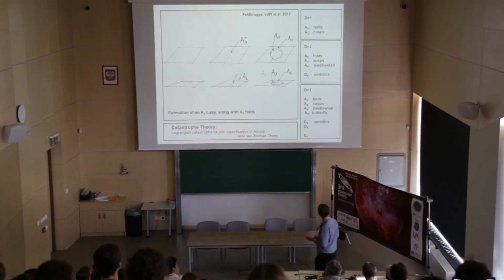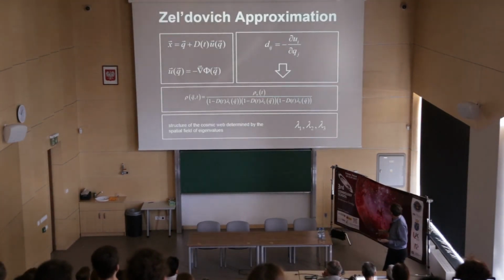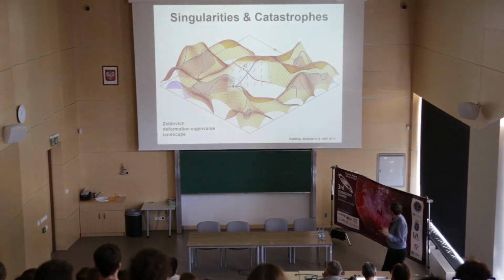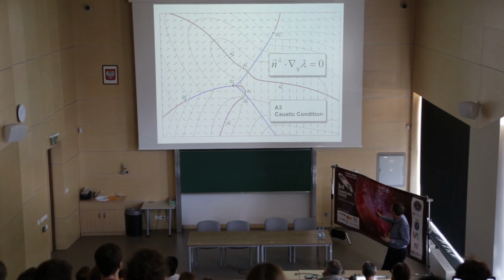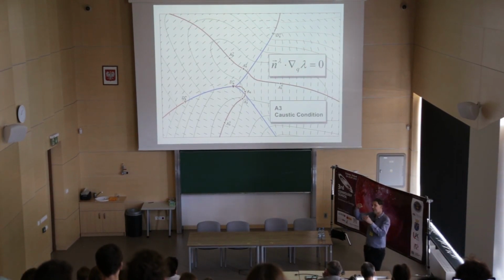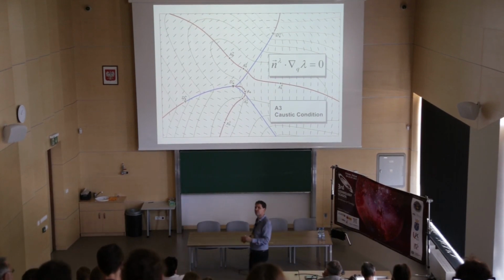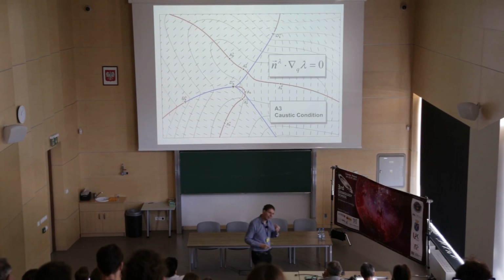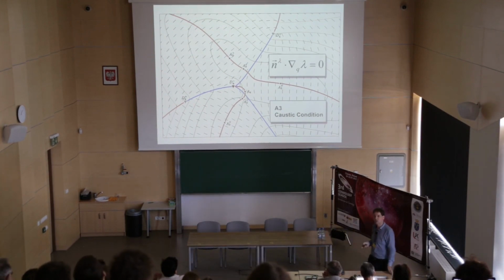Until Job basically managed, and now I basically go very fast, I excuse that I have to go. He managed to derive the equation for these lines and sheets on the basis of the initial deformation field, and to write down the conditions for forming these various structures.